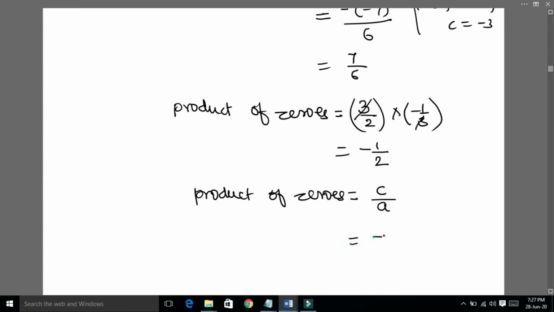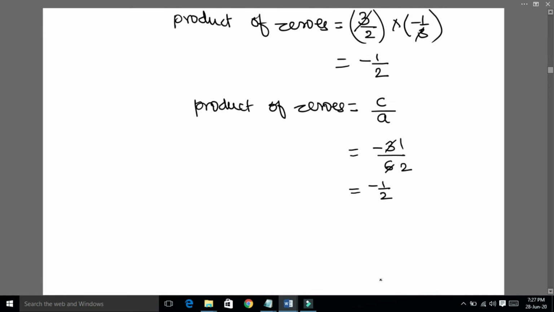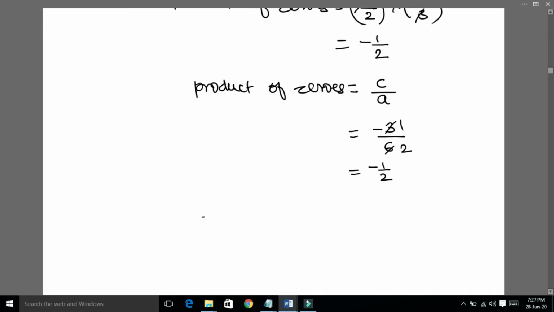So c is minus 3 here and a is 6 here. So minus 3 by 6, 3 ones are 3, 3 twos are 6. So minus 1 by 2. So the product of zeros in both cases is the same. Hence verified. So the relationship between the zeros and coefficients is verified here.